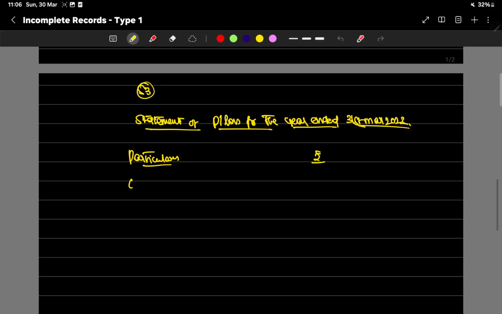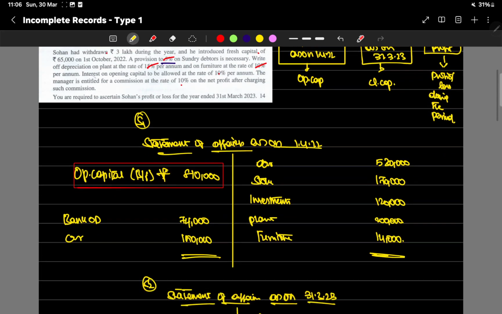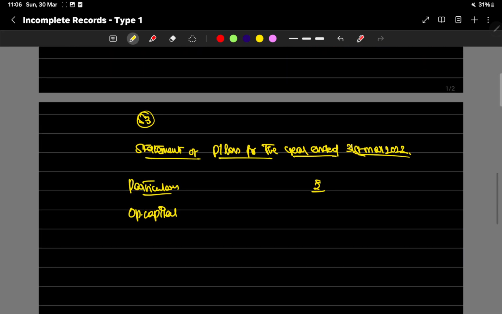Okay, what's the opening capital we found out? Usually in financial statements, to the opening capital we add profit and deduct the drawings, and we do the same here. Opening capital is how much? 8,10,000, right? 8,10,000 minus drawings.